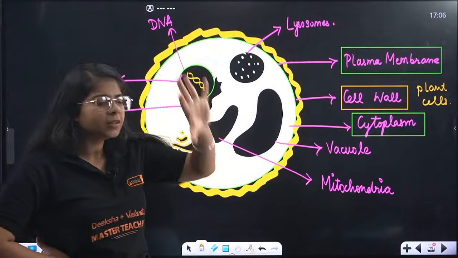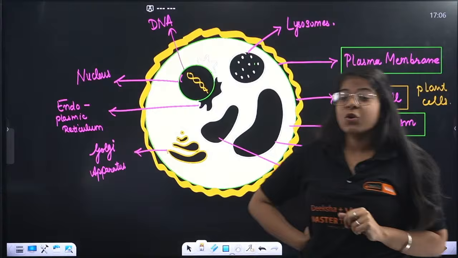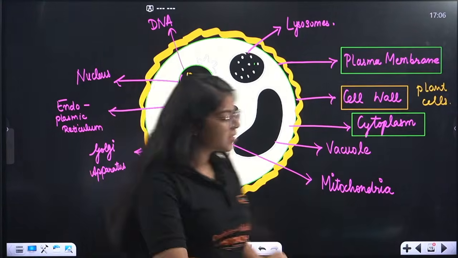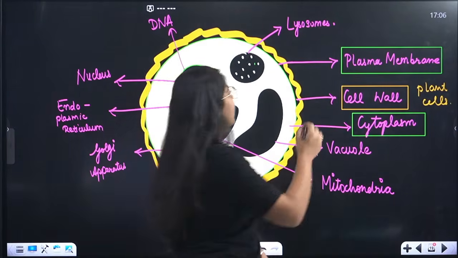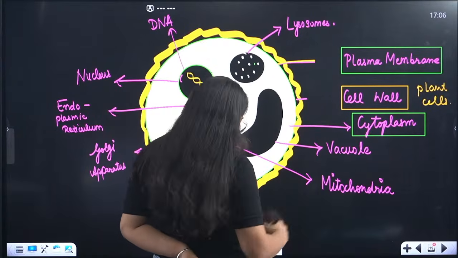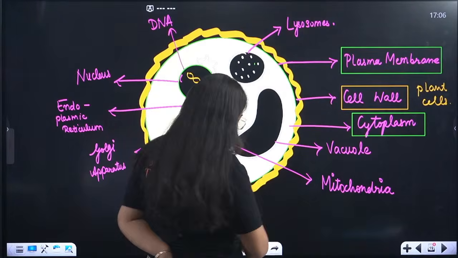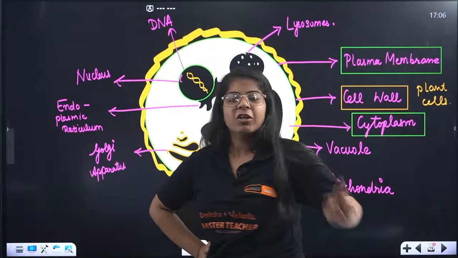That thing that is the boundary of the cell, Joseph is saying plasma membrane. Very good, Joseph is correct. So that thing is called plasma membrane. This green color part you can see is called plasma membrane. You are giving two answers, Joseph.